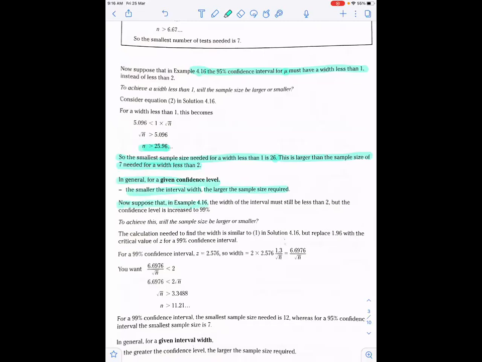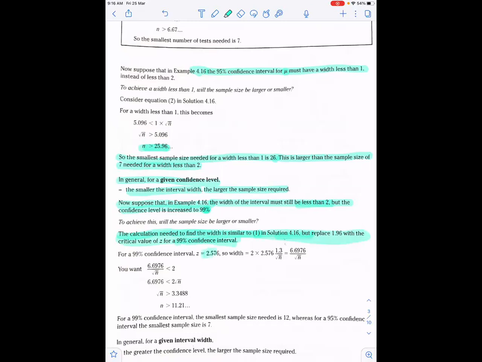Now suppose that in example 4.16 the width of the interval must be less than 2, but the confidence is increased to 99%. The calculation is similar to the one in solution 4.16, but replace 1.96 with the critical value of z for a 99% confidence interval, which is 2.576.